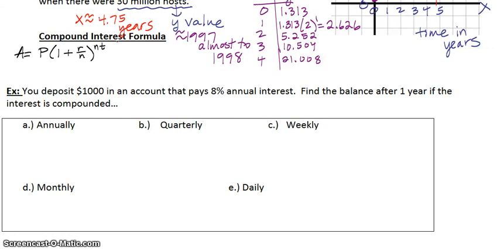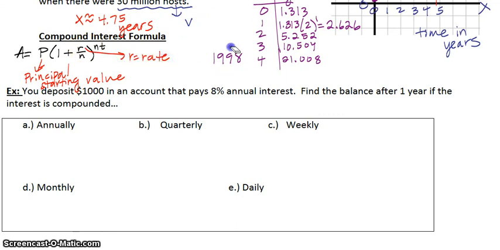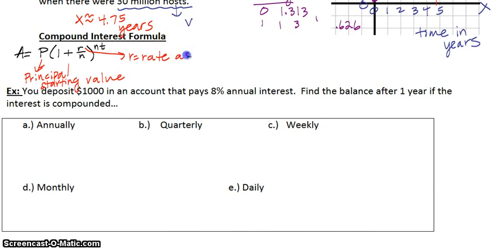All right, this time it's a P because it stands for principal, but that's still the starting amount, still like the A value, or the y-intercept if you're going to graph it. R is still the rate as a decimal. And T is still the time.